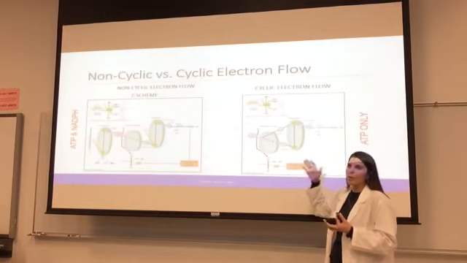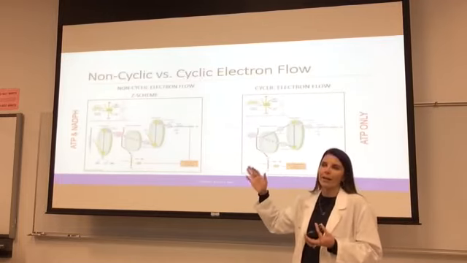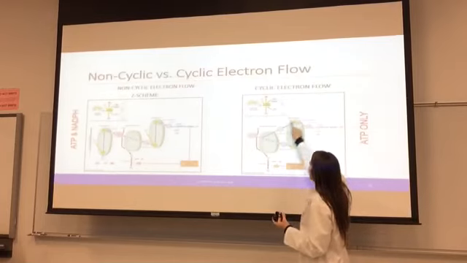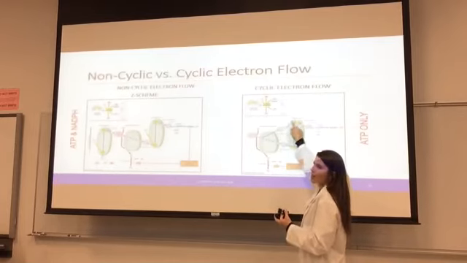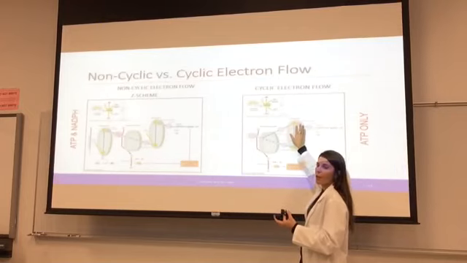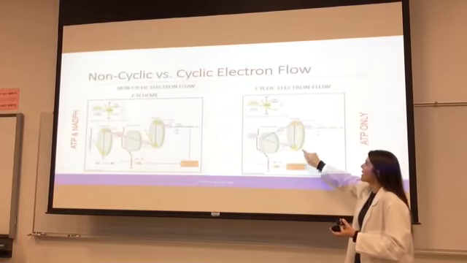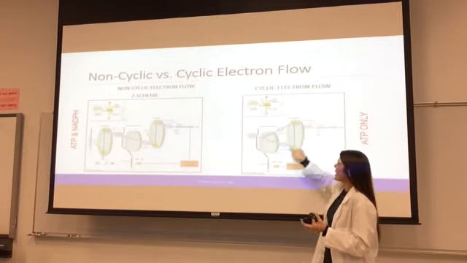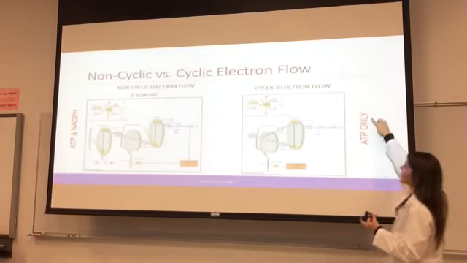This still occurs, but at that point in time, we only thought that this occurred, where the electrons followed a cycle as the photosystem was hit by a photon. But the problem is that NADPH is not generated here. When we do the cyclic electron flow, the only thing we make is ATP.